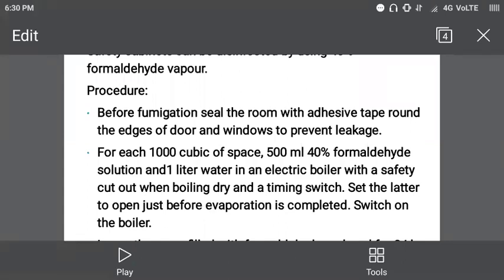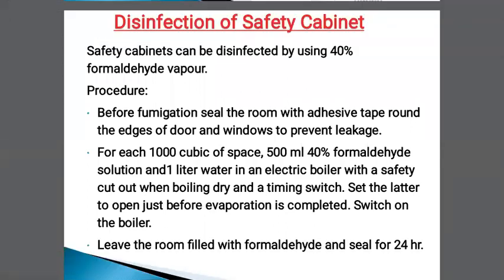For each 100 cubic meters of space, place 500 ml of 40% formaldehyde solution and 1 liter of water in an electrical boiler with a safety cutout. When boiling dry, and using a timing switch, set the latter to open just before evaporation is completed. Switch on the boiler. Leave the room filled with formaldehyde and sealed for 24 hours.